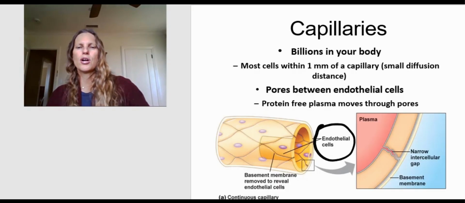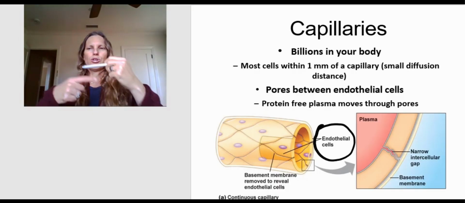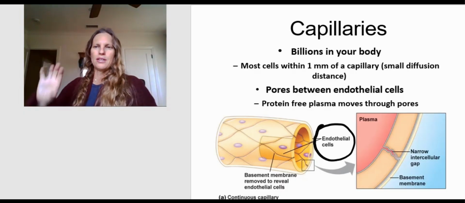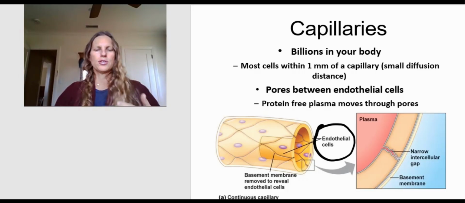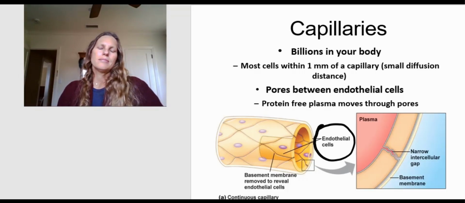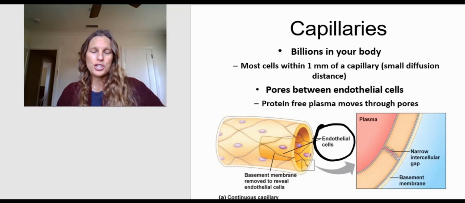Endothelial cells are put close together to one another in this tube structure. So there's an endothelial cell, and then there's a basement membrane, and that's it. So that's a very thin tube.